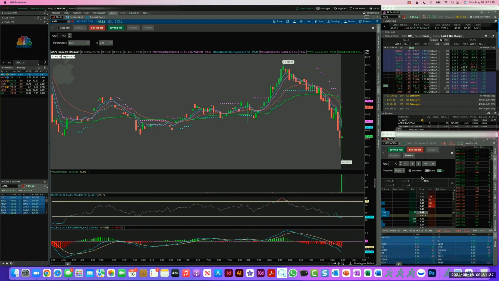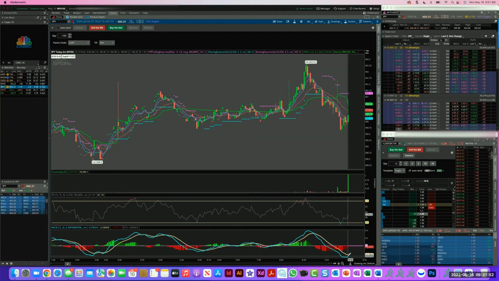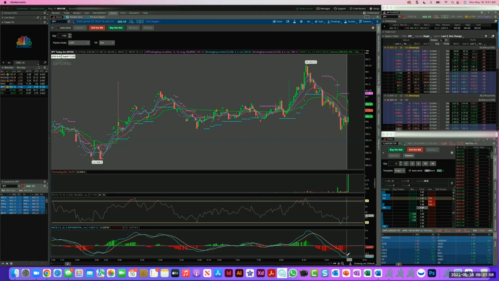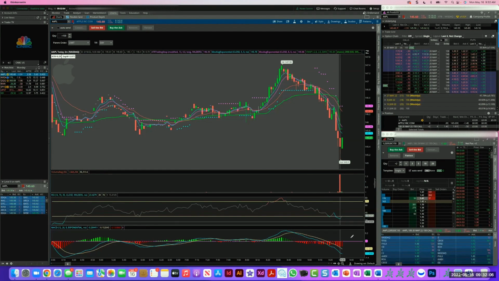So I had Apple here in my trading platform, or my active trader, and my intent was to get in on this SPY trade because of this turn here. But I'm going to sit in Apple here and look for some gains.